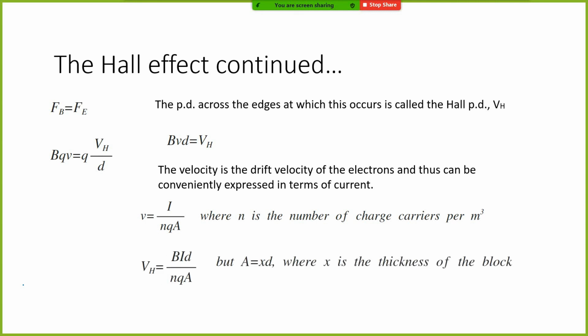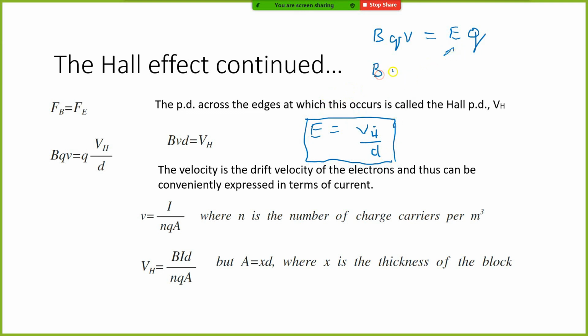As I was saying just now, the electric field is equal to the Hall's voltage divided by D. If we substitute, at first I had that B times Q times V is equal to E times Q. If I take this E, the electric field, and substitute it in this equation, I now get that B times Q times V is equal to the Hall's voltage divided by D, times Q. Q and Q cancel out.